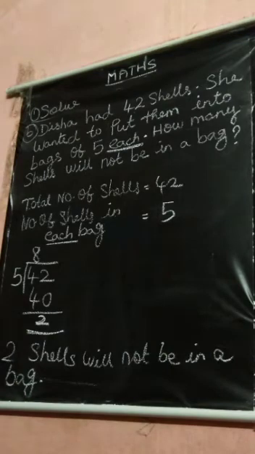How many shells? The remainder you take and write as the answer. You fill 8 bags with 5 shells each. The remaining 2 shells will not be in a bag. So the answer is 2.